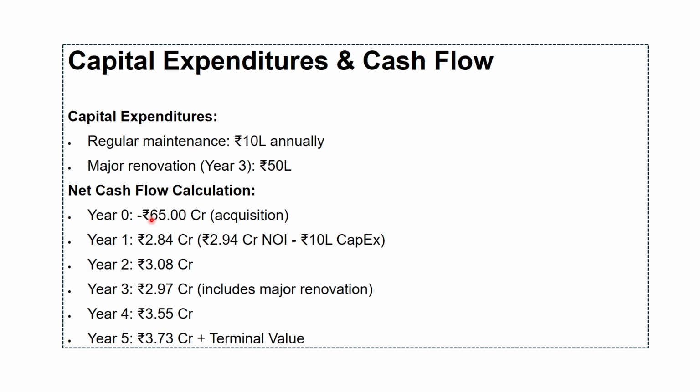Starting with 65 crores as negative cash flow in year 0, year 1 net cash flow is 2.84 crores, calculated as NOI of 2.94 crores minus capital expenditure of 10 lakh rupees. Year 2 generates 3.08 crores in net cash flow. Year 3 produces 2.97 crores after accounting for the major renovation. Years 4 and 5 generate 3.55 and 3.73 crores respectively, before adding the terminal value in the final year.